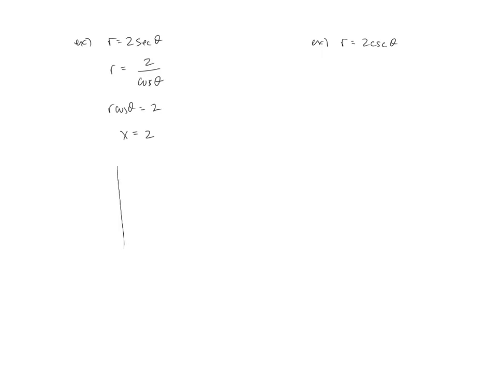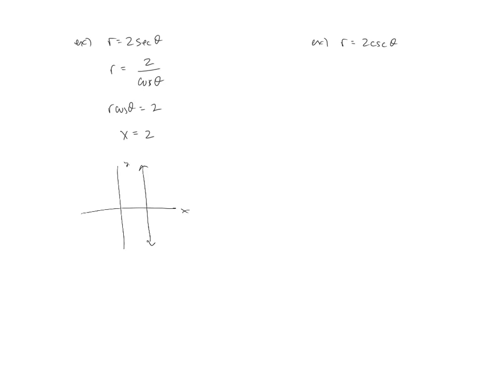So the graph here, if this is the x-axis and this is the y-axis, would look like this. And that would be the same graph you'd find by plotting a bunch of points, which we're not going to do, plotting a bunch of points in the polar coordinate system as well with all of those concentric circles.